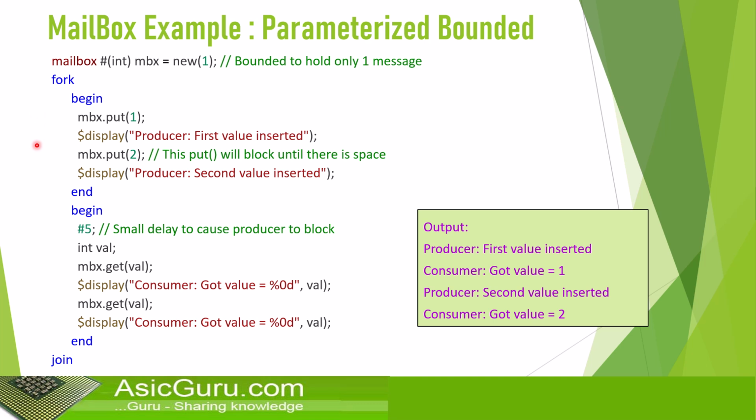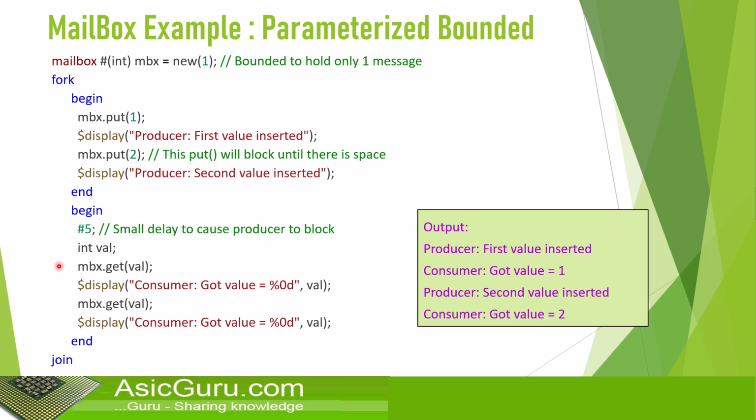First process is trying to insert values in the mailbox and second process is trying to retrieve the values from the mailbox. So here in the first process, the producer is first putting the value 1 and then it is trying to put the value 2. But since the size of the mailbox is only 1, it can hold only one value, and the second statement will block until there is space available in the mailbox.